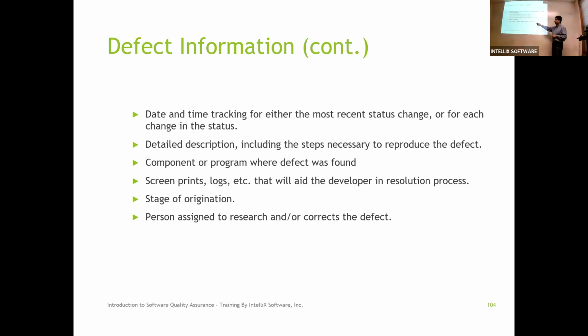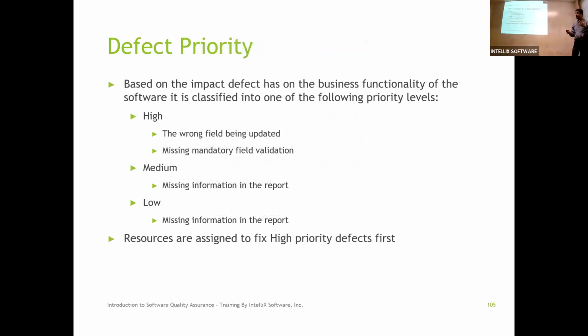We talked about once the defect is open, it gets assigned for somebody to look into it. So having some information on who is currently working on this defect, that's useful information. The priority, something that you can read through, essentially says, should this be fixed first or should this be fixed last? Which one is more important to fix first?